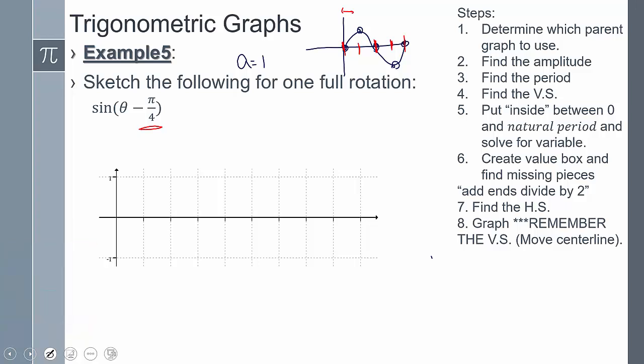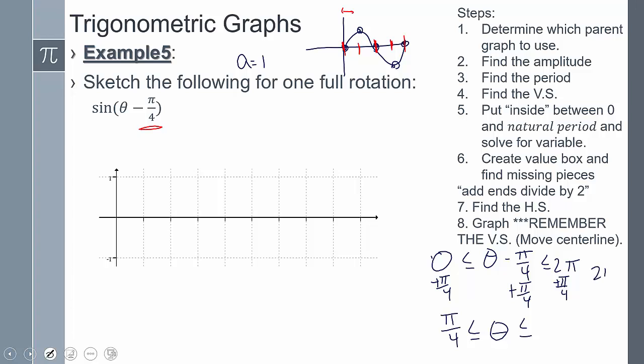But the nice thing about when we put it between 0 and 2 pi, so 0 less than or equal to theta minus pi fourths, which is less than or equal to 2 pi, if I get theta by itself, the first value becomes the horizontal shift. Whoa! So if I add pi fourths, I get pi fourths is less than or equal to theta, which is less than or equal to 2 pi over 1 plus pi fourths.